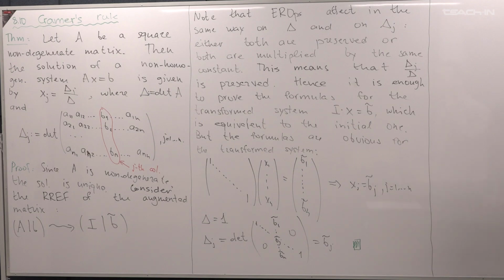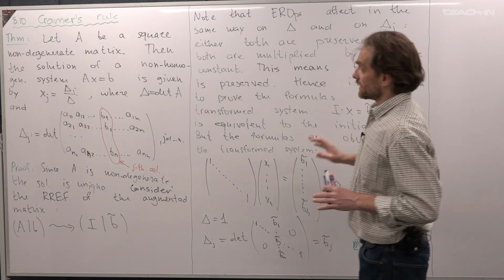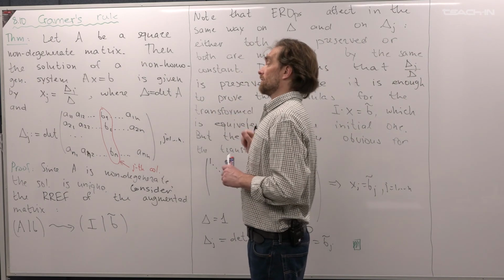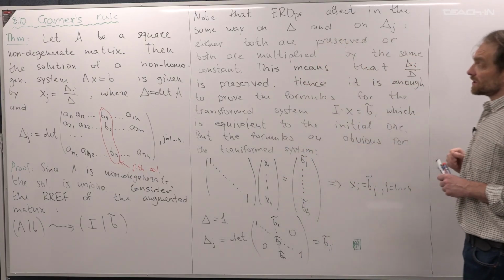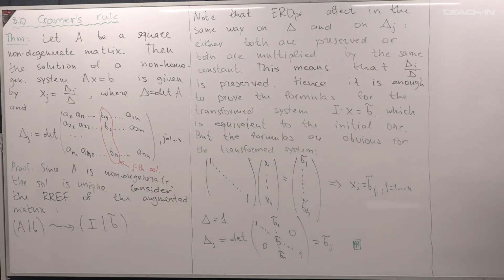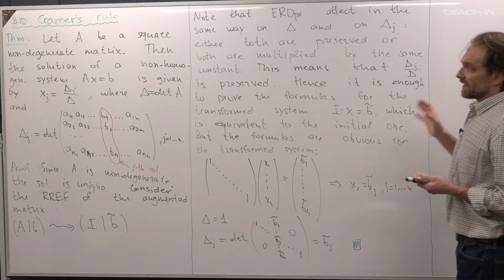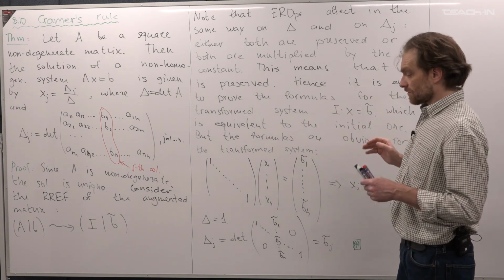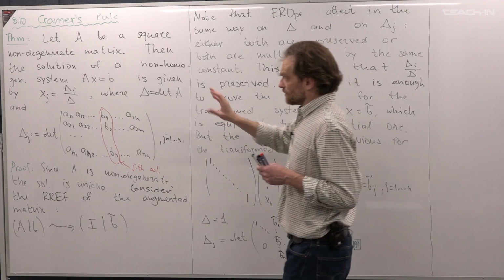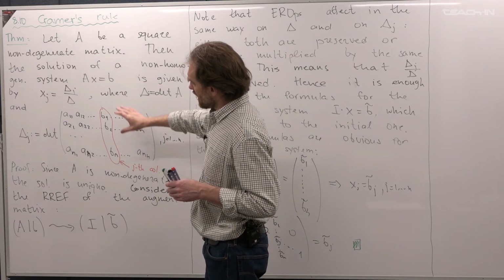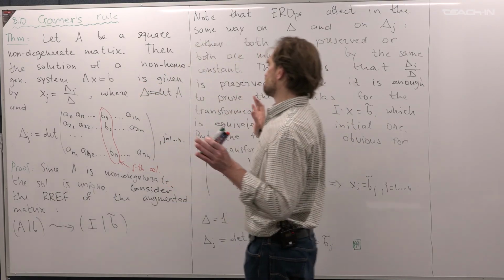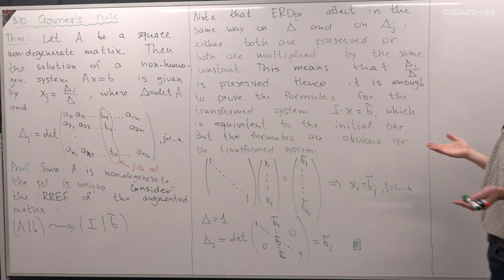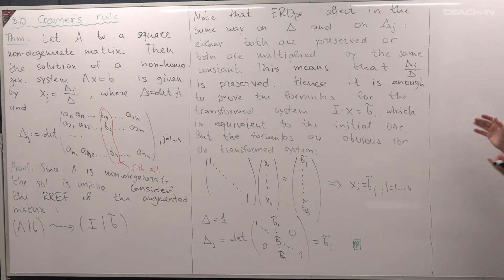Sometimes it is important to have this result just because it gives us an explicit formula for solutions of such a system. But in practice it is not very convenient to use these formulas for solving systems with more than 3 variables, just because in this case we need to compute 4x4 determinants.